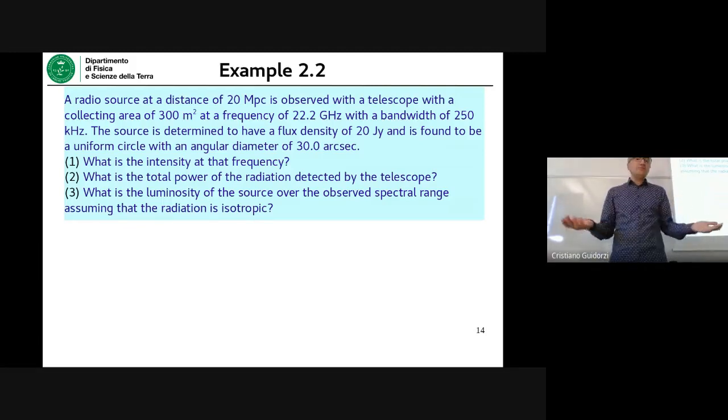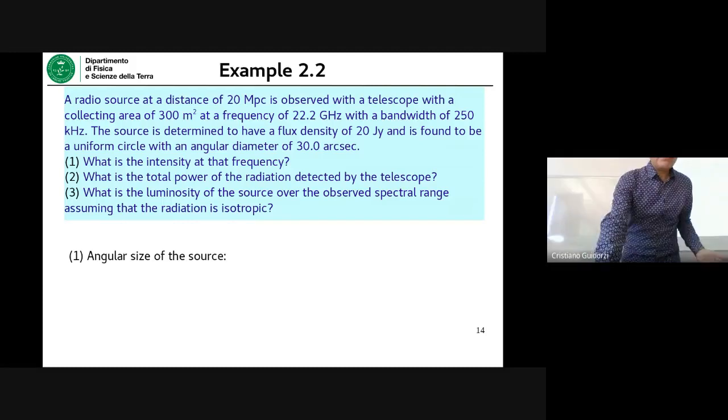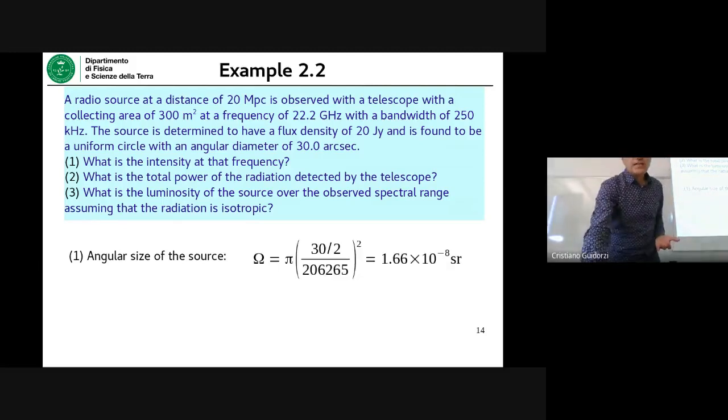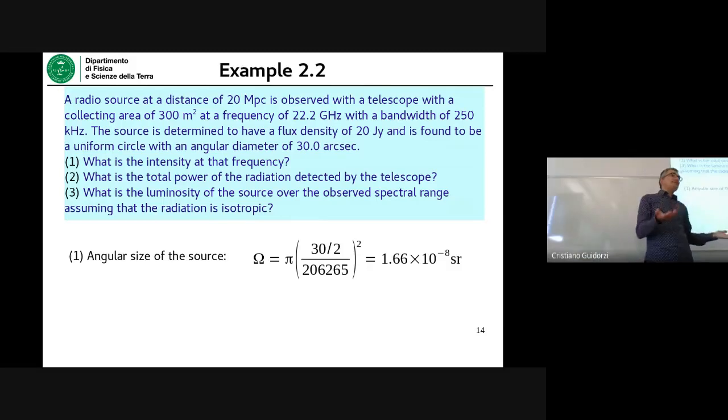So the intensity at that frequency, what is that? Well, first of all, you have to calculate, as I said, the angular size of the source. So the solid angle. And what is that? Well, let's call it omega. You have the diameter, the angular diameter. So just work out the radius. So 15 arcseconds.